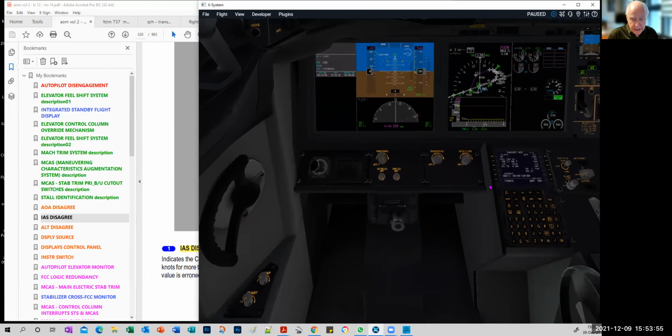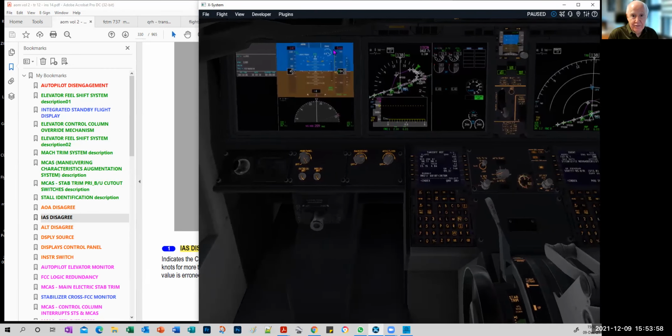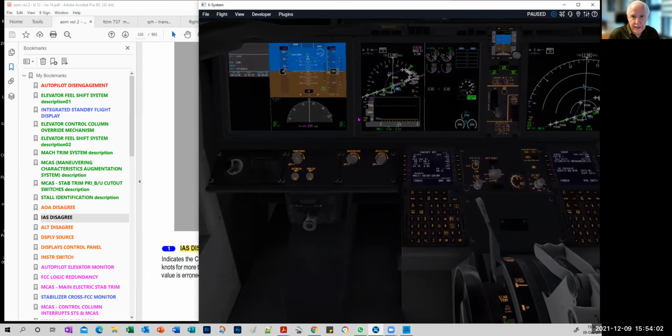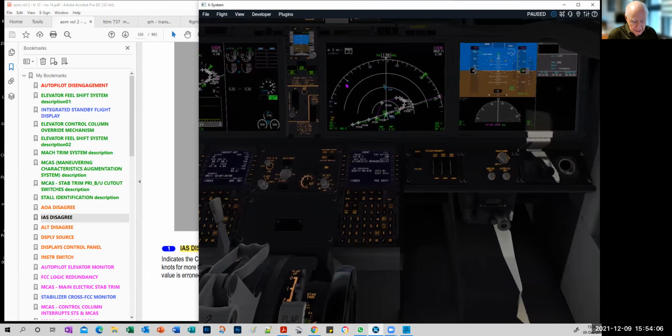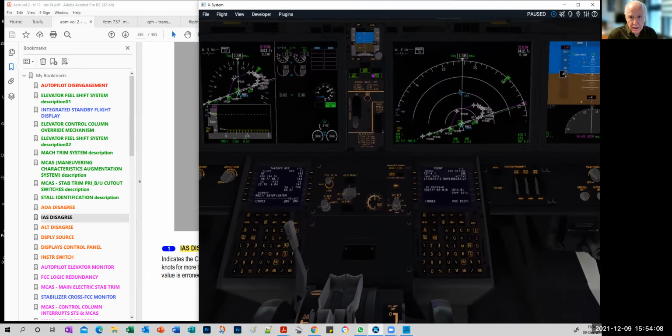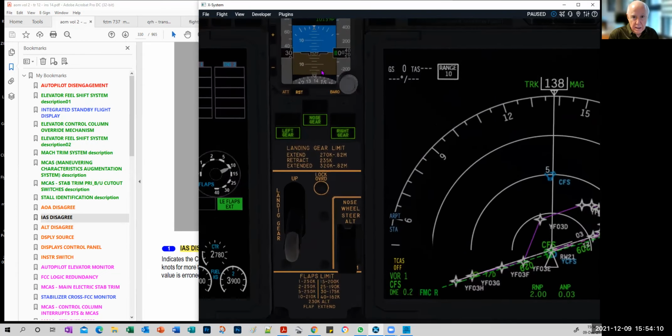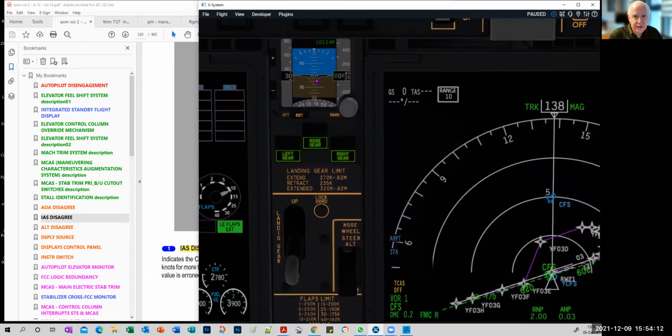Remember on the flight deck that you have 3 sets of flight instruments: the captain's PFD, the first officer's PFD, and the standby integrated standby flight display.